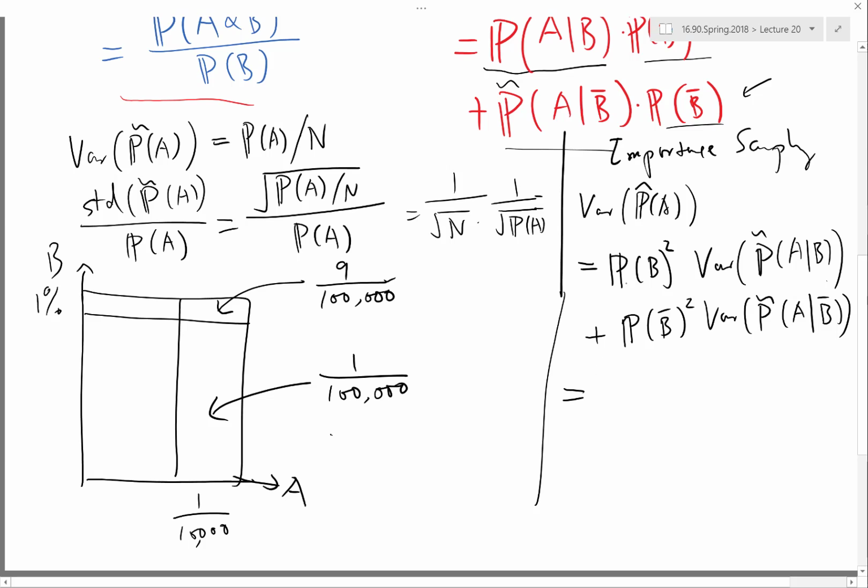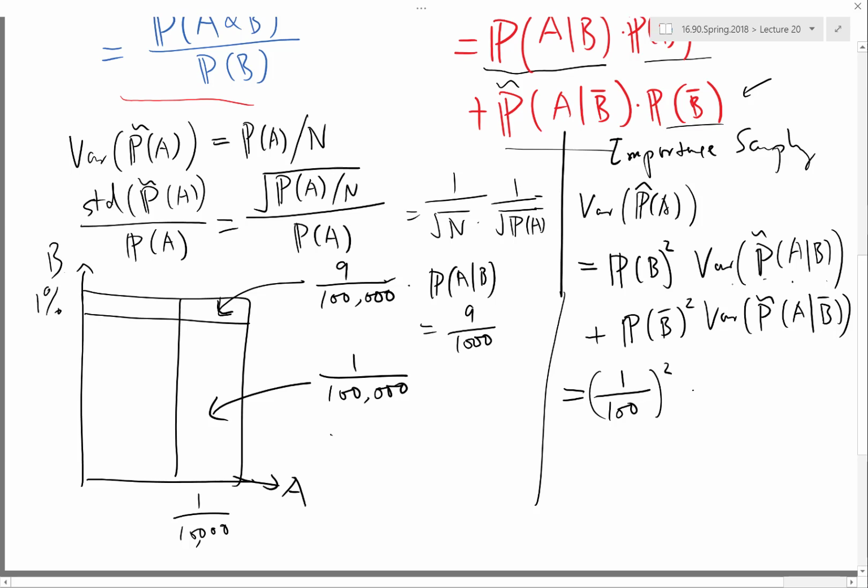the variance becomes the probability of B, which is 1%, squared, times the variance of the probability of A conditional on B. This probability multiplied by 100, so P of A conditioned on B is 9 over 1,000.